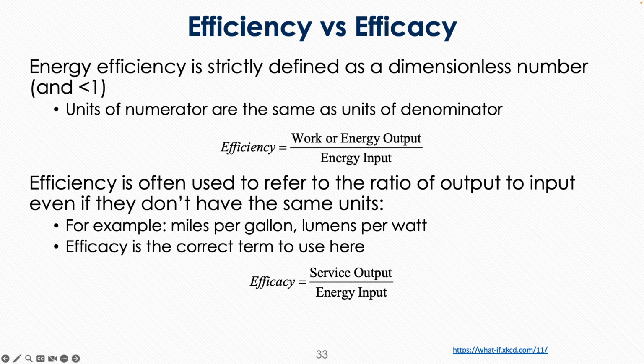Efficiency is work or energy output divided by energy input. Technically, a lot of what we're going to talk about in this class is efficacy, but I'm just going to call it efficiency, and that's what, broadly speaking, most energy and transportation people think about is actually efficacy.